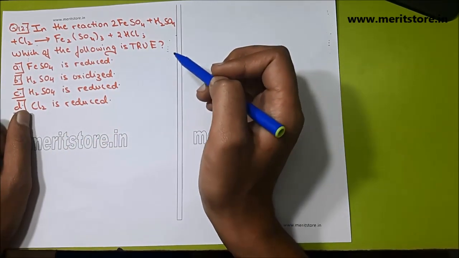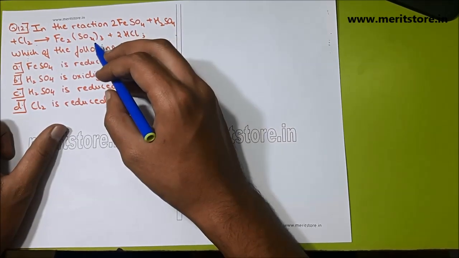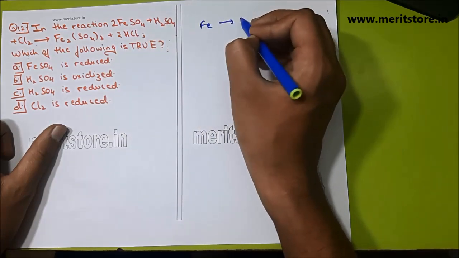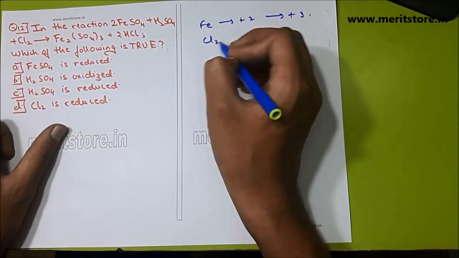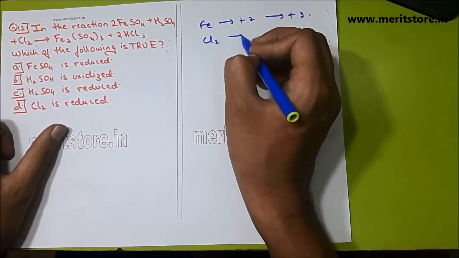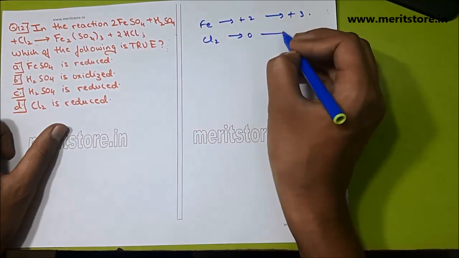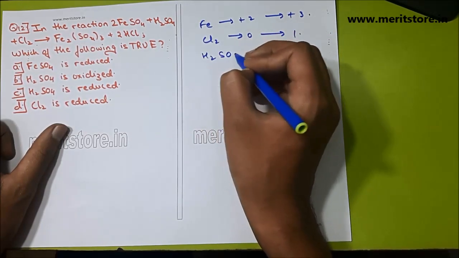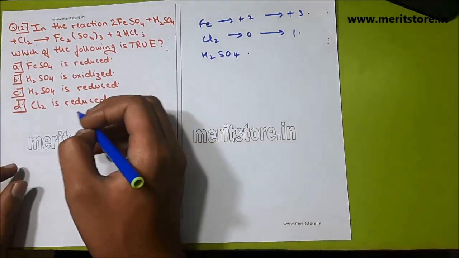In the following reaction, FeSO4 has been oxidized to Fe2(SO4)3, as the oxidation state of iron changes from +2 to +3. Chlorine has been reduced, as the oxidation state has changed from 0 to -1, and H2SO4 is neither oxidized nor reduced. So in the following question, chlorine is reduced.